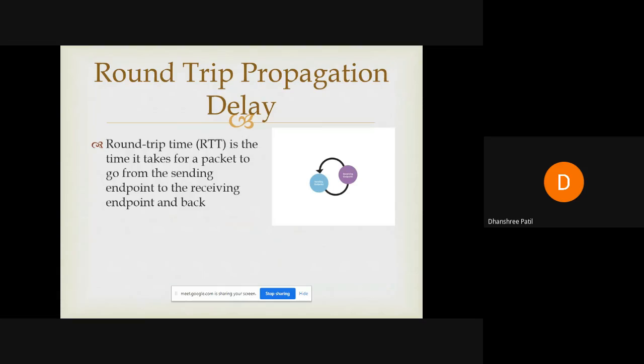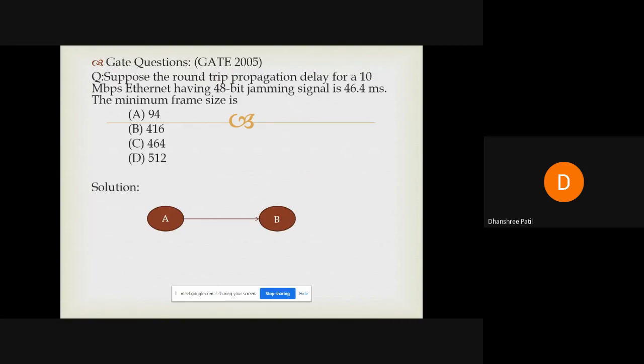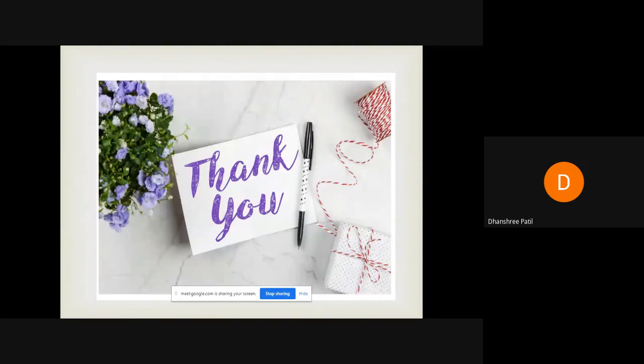I hope you have understood this. Any doubt in this particular question? Okay, I hope it is understood.